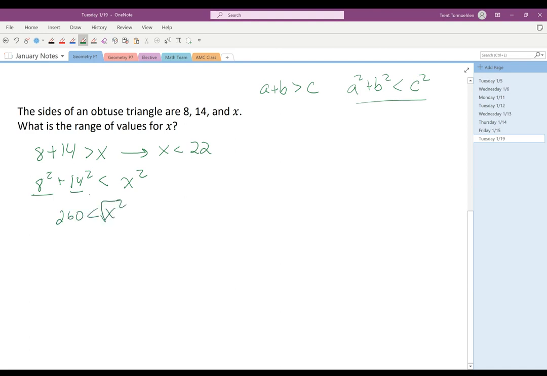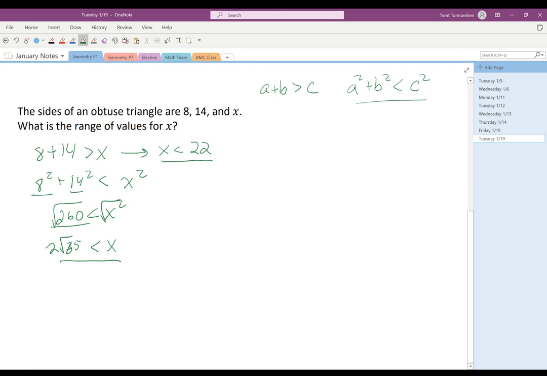We take the square root. We don't have to worry about doing anything special on the square root because we're just worried about positives. We don't have to flip the sign or anything. And so x is going to have to be greater than the square root of 260. That actually simplifies nicely to 2 square root of 65. So now we've learned x has to be less than 22, but greater than 2 square root of 65.